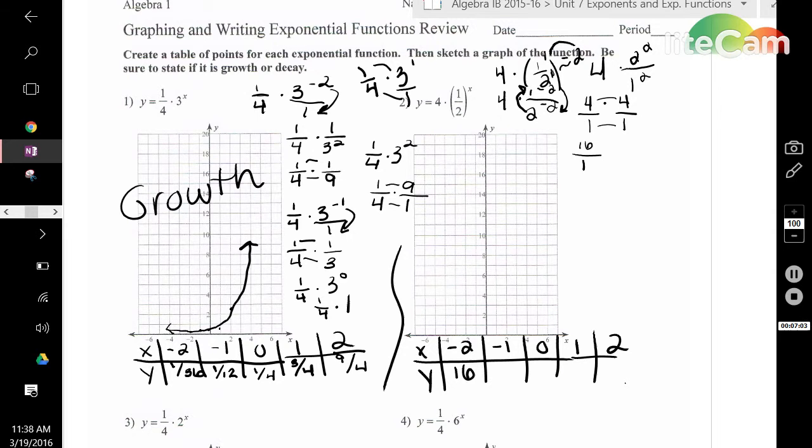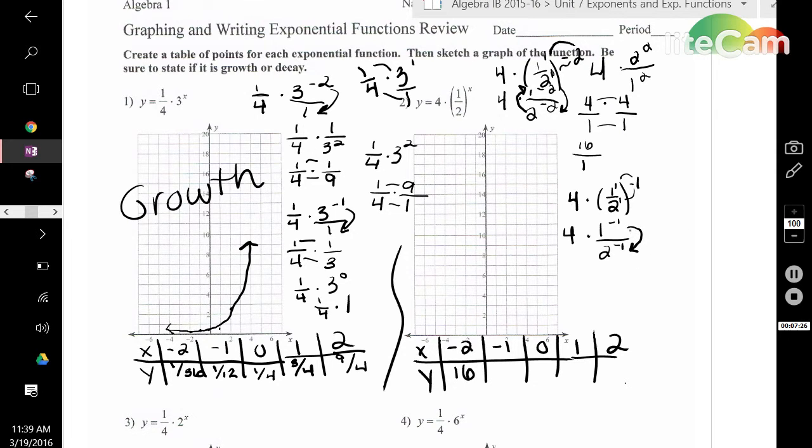If I plug in -1, I'd have 4 times 1/2 to the -1st power. Again, you distribute the outside exponent to each of the inside exponents. So 4 times 1 to the -1st over 2 to the -1st. We cannot have negatives, so we take the reciprocal.